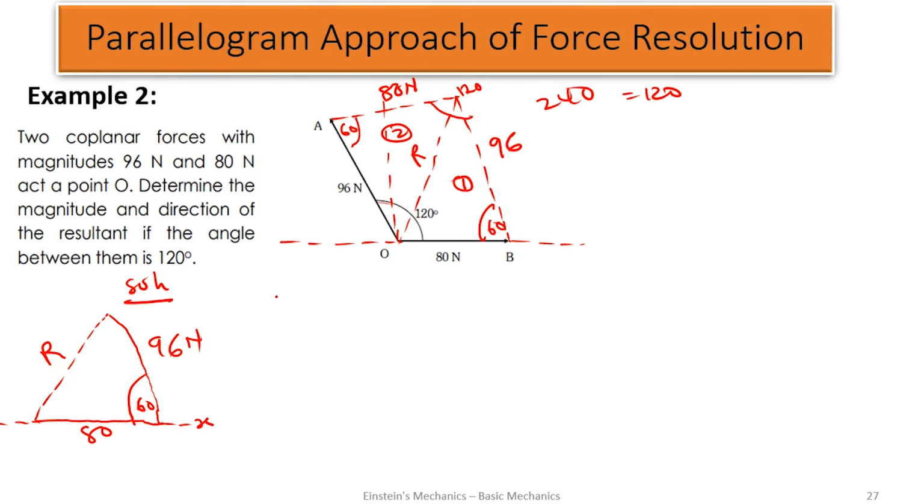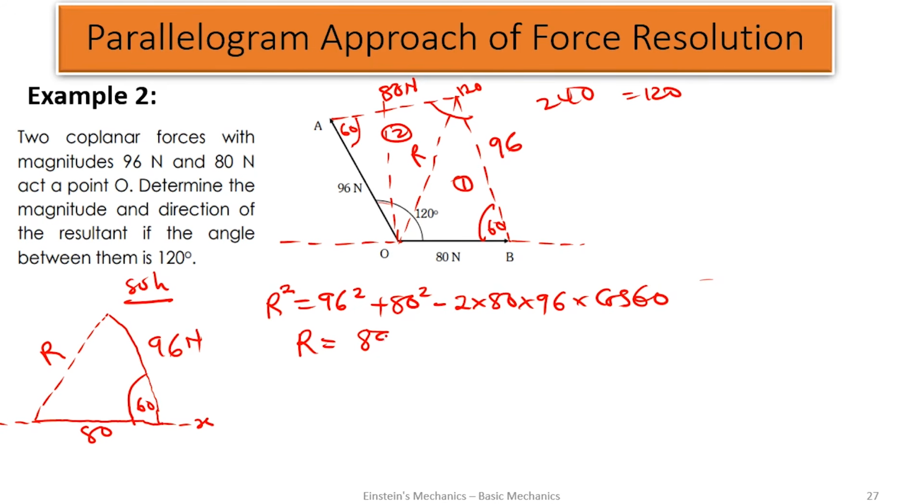So we can say that our R squared is equal to 96 squared plus 80 squared minus 2 times 80 and 96 times cos the angle between them, 60, cos 60. And with this, my R will now be equal to 89.08 newtons. So simple.